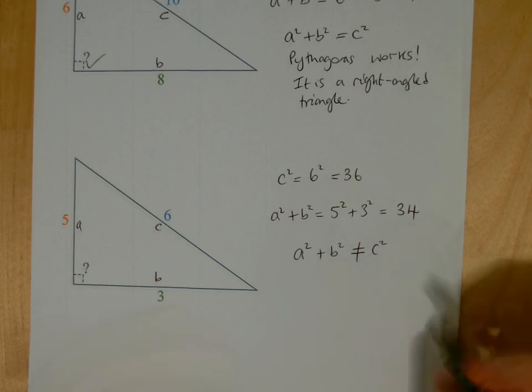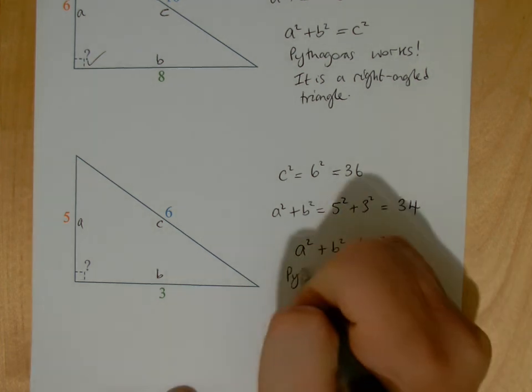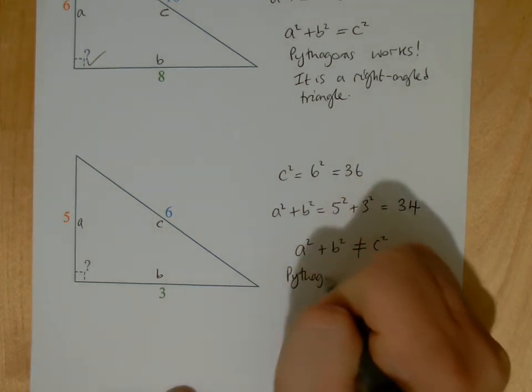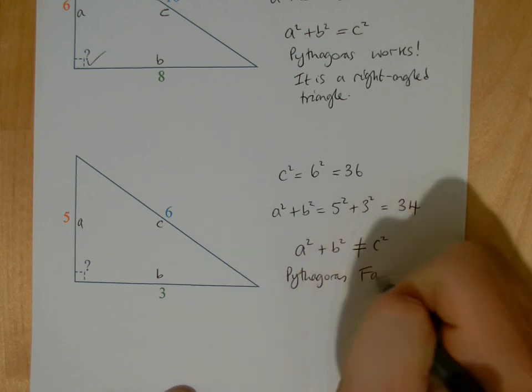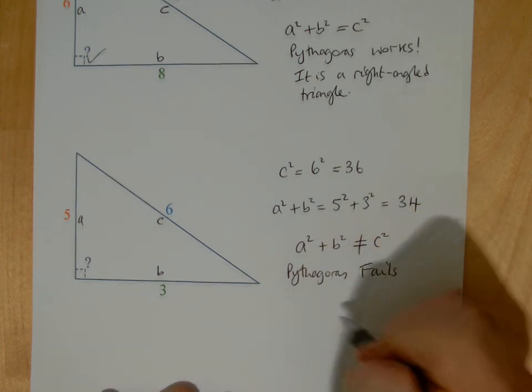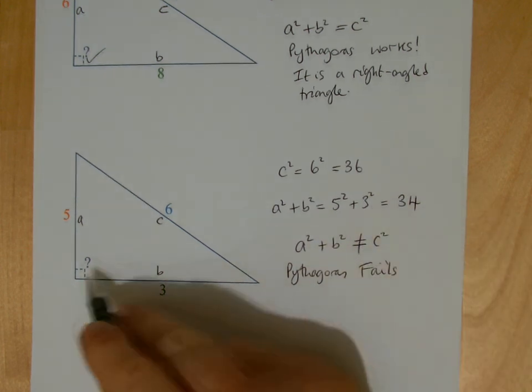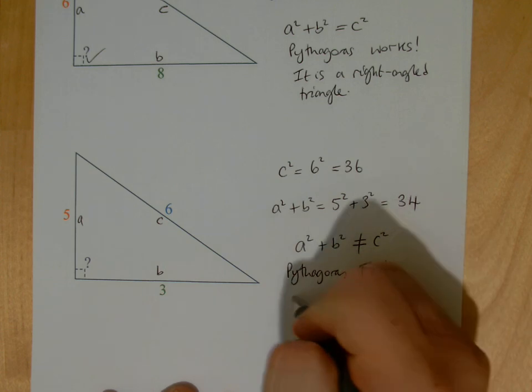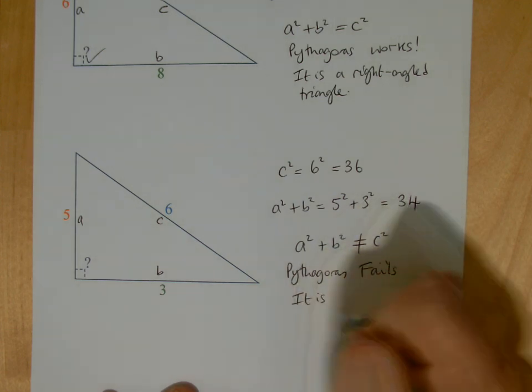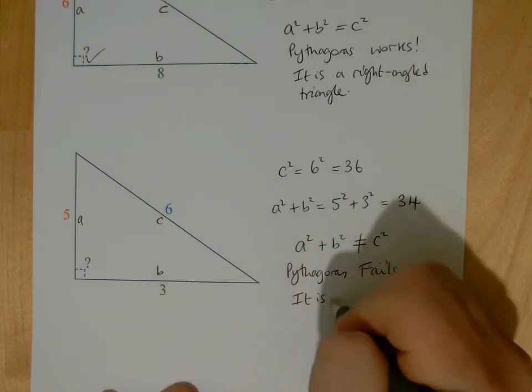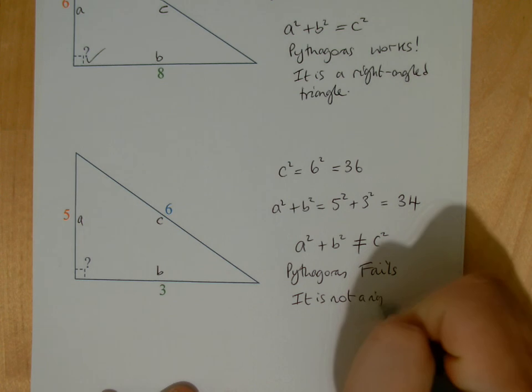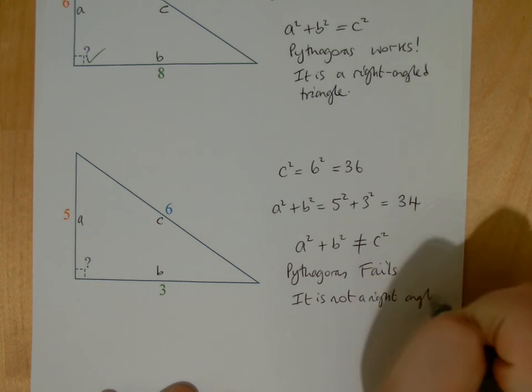So they're not equal, which means Pythagoras' theorem does not work. Pythagoras in this case fails. Therefore, that cannot be a right angle triangle, it's got to be something else. There's no angle of 90 degrees there, so it is not a right angled triangle.